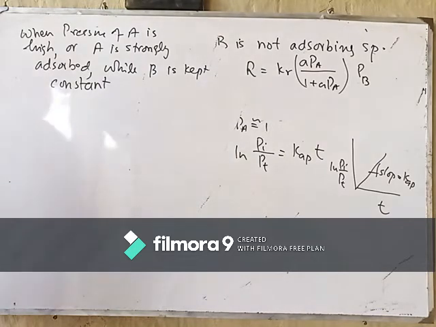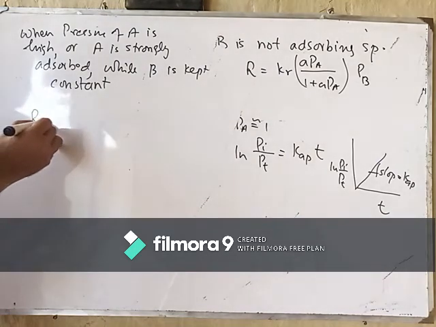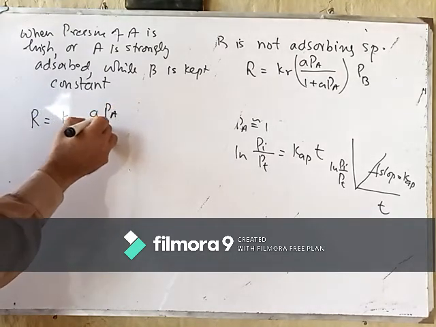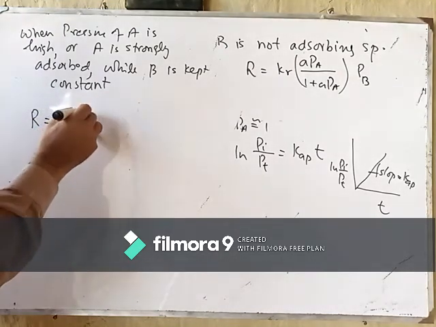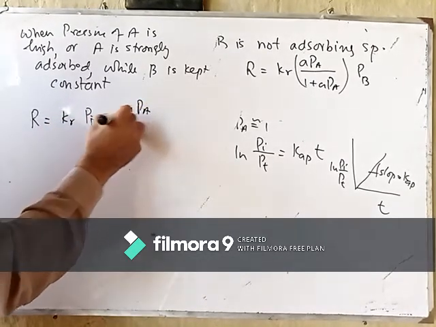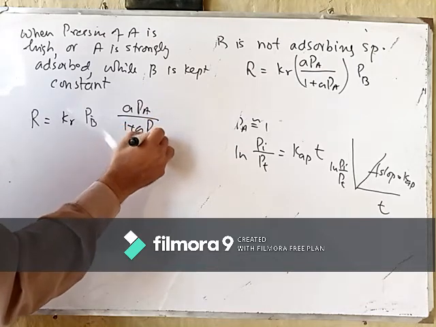So in this case, rate is equal to KR P of B and APA over 1 plus APA.